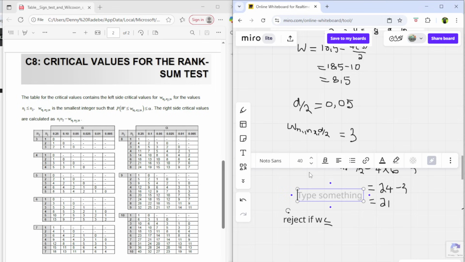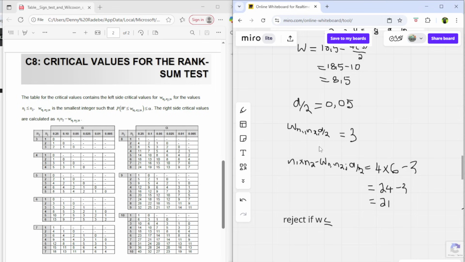So I'm going to copy, Control C, Control V.